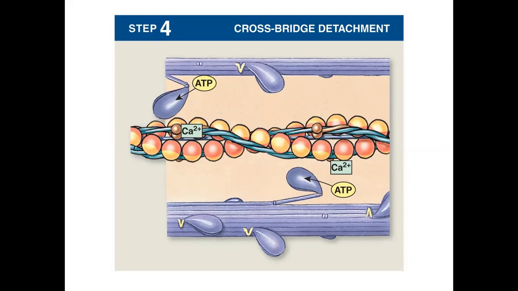When myosin binds to actin, the myosin head does not have ATP. It usually has ADP plus inorganic phosphate. Okay, thank you.